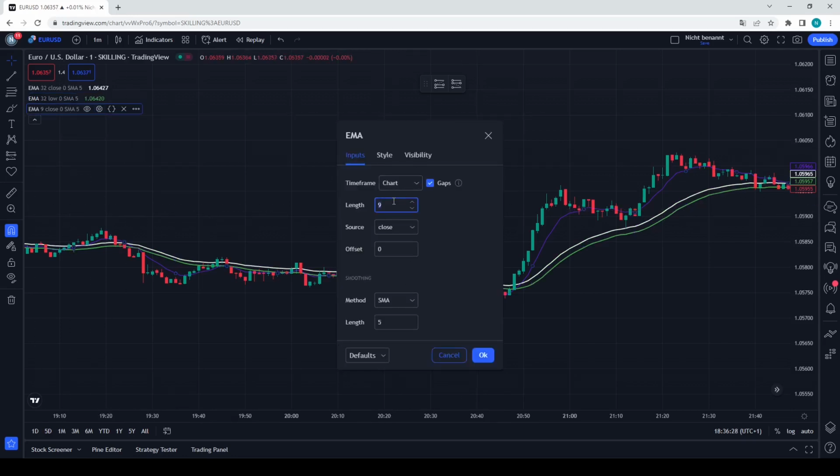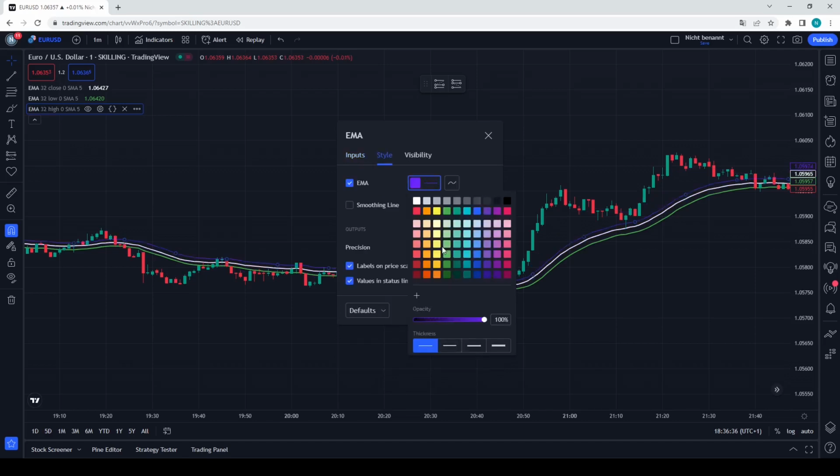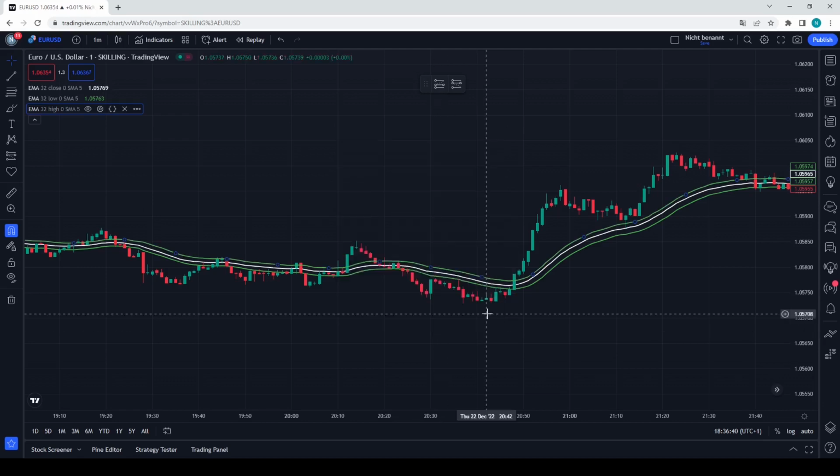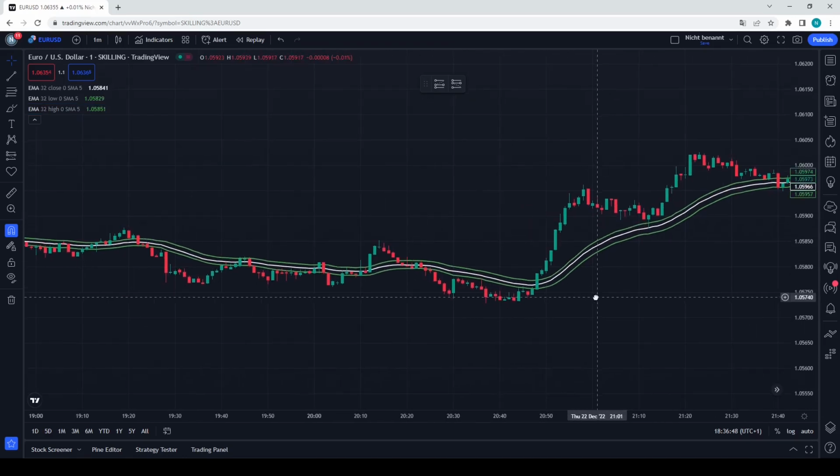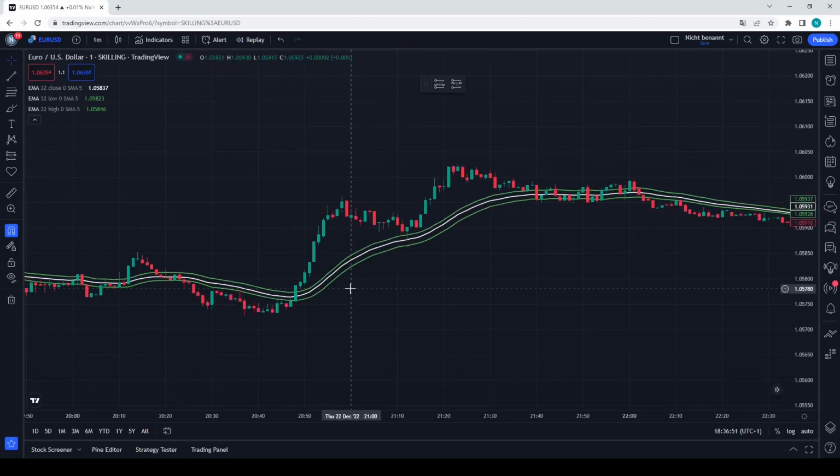So here the same length, 32, as the other two. The source here will be on high, the style as well in green, and the same thickness as the other two. And that is already the setup. As you can see, it is pretty simple, pretty straightforward. Let's dive now deep into the strategy.